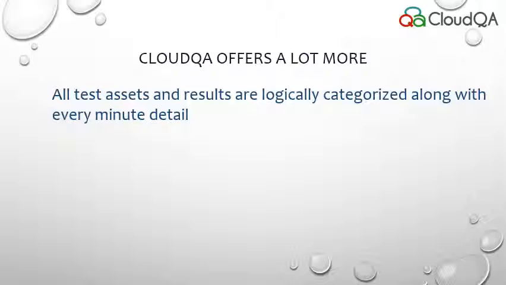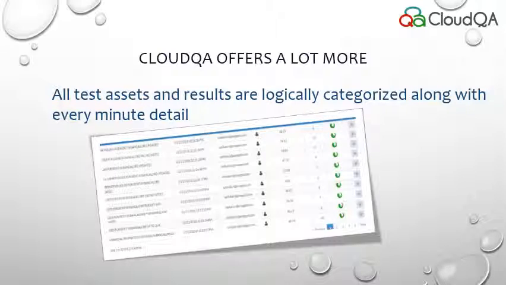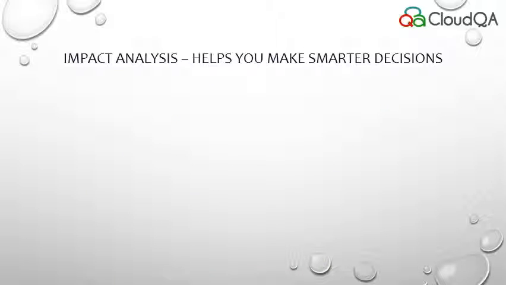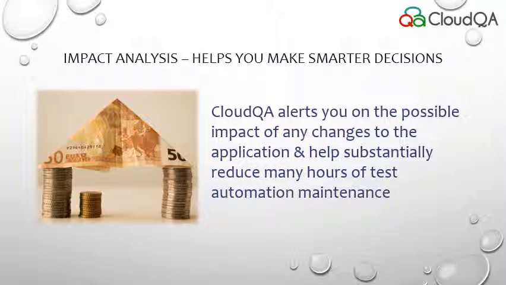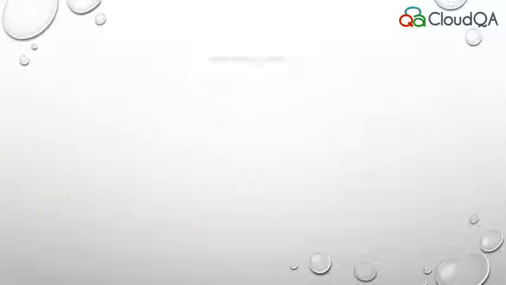All test assets and results are logically categorized along with every minute detail. CloudQA's test automation framework allows you to make smarter decisions. CloudQA alerts you on the possible impact of any changes to the application and helps you reduce many hours of test automation maintenance.